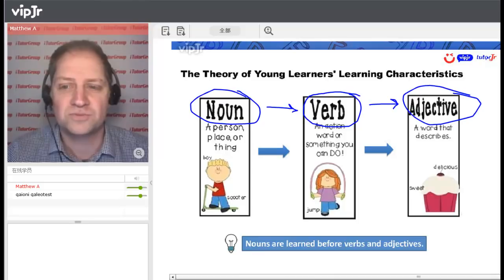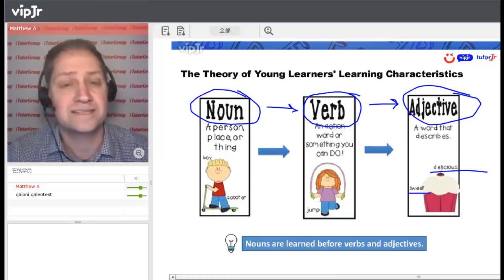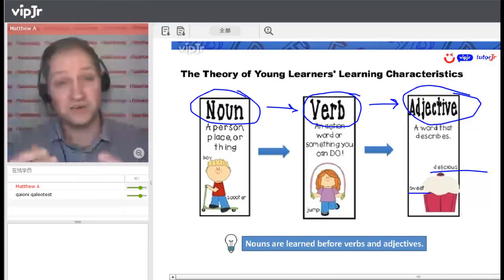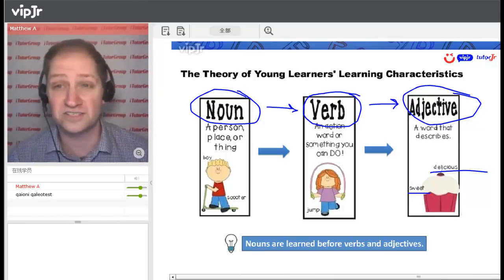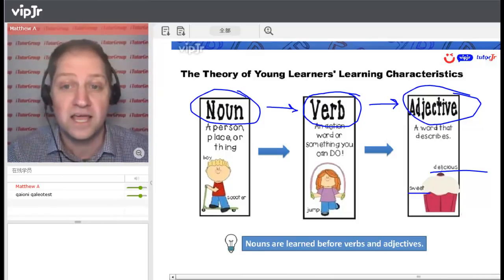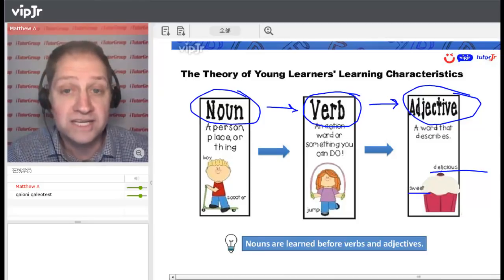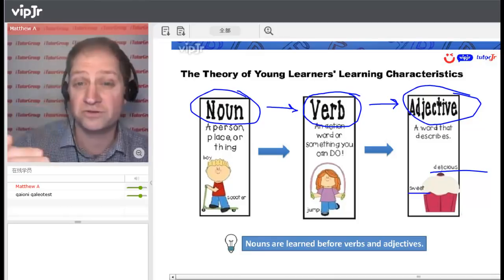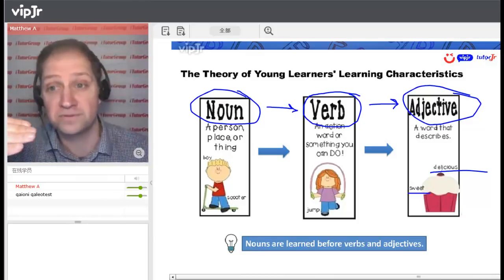As we can see here, a couple of examples: sweet and delicious. So that's the process, the theory behind young learners' learning characteristics. Particularly in this case, we have many Chinese students learning another language, English. So the process is noun, verb, adjective.